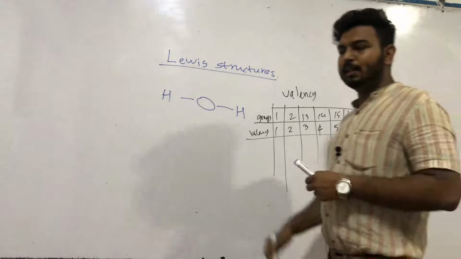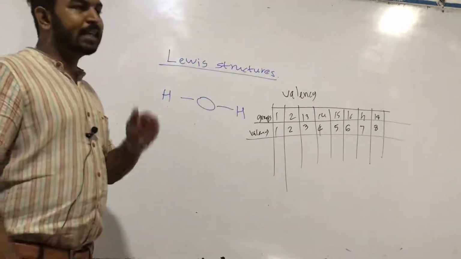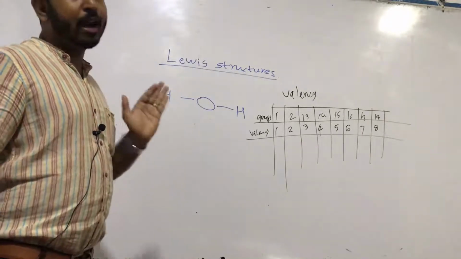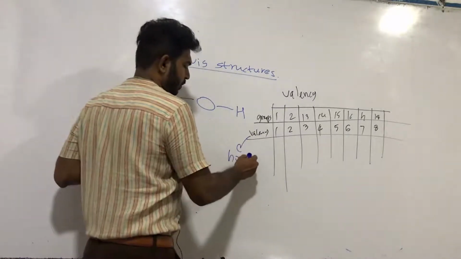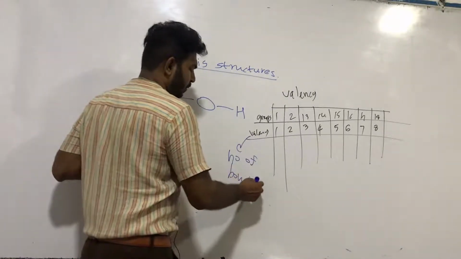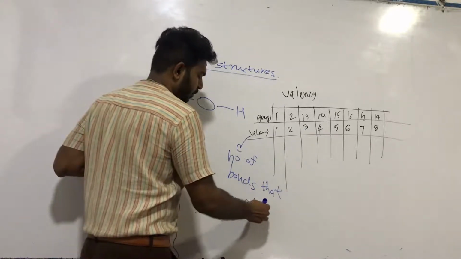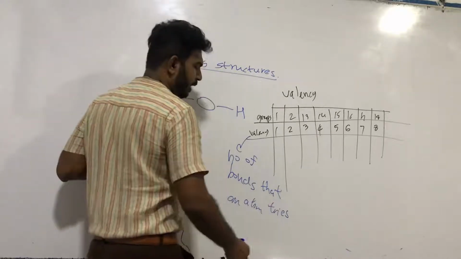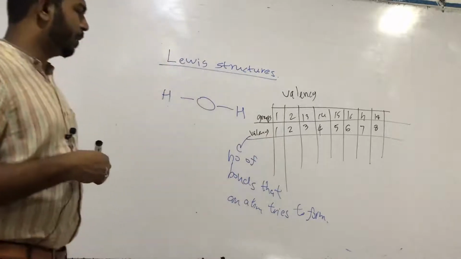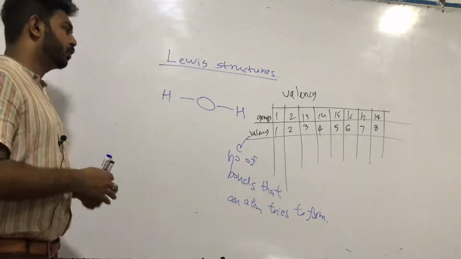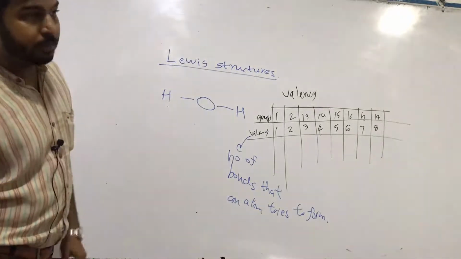What's the meaning of valency? Valency is the number of bonds that an atom tries to form. Using this chart, you have to remember these valencies.